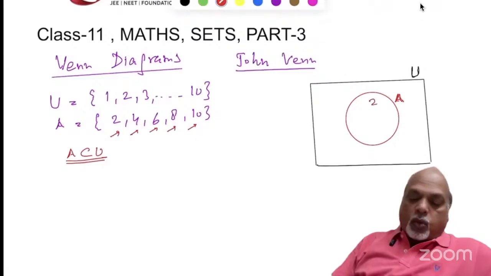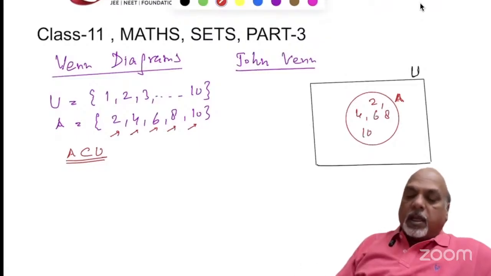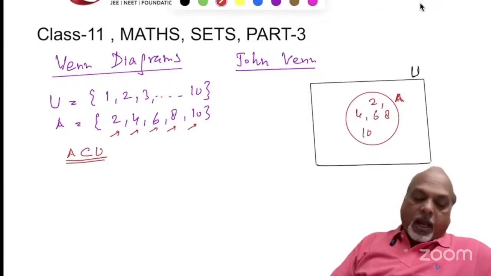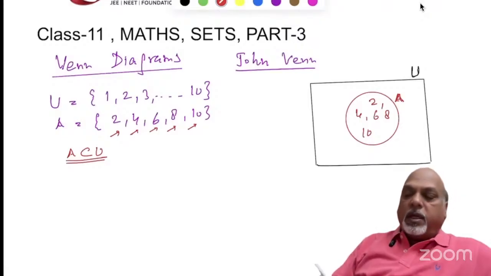So we can write it here: 2 is there, 4, 6, 8, 10. These are the elements which belong to set A, and in the universal set what is left is 1, 5, 9, 7 and 3.